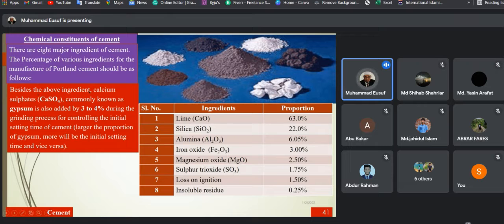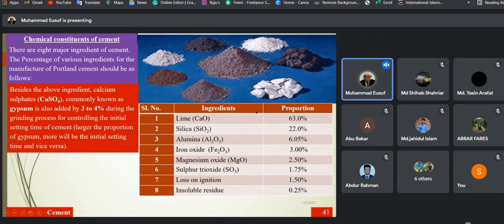Beside the above ingredients, calcium sulfate. What is calcium sulfate? Calcium sulfate, common as gypsum, is also added by 3 to 4% during the grinding process for controlling the initial setting time of cement.